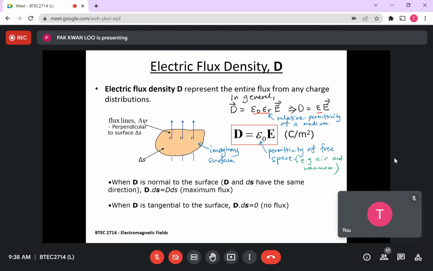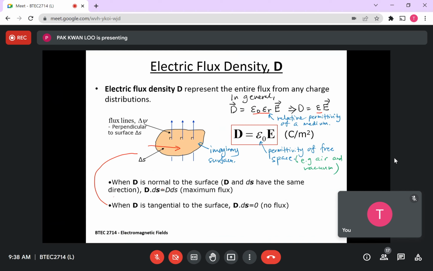While if the electric field lines are parallel to the surface, then it is zero. That means if D is tangential to the surface, it will be 0.